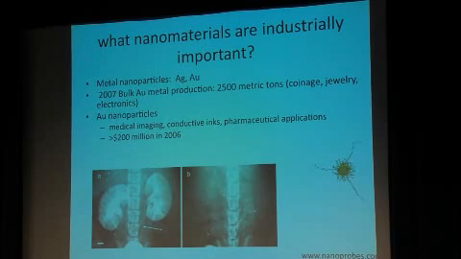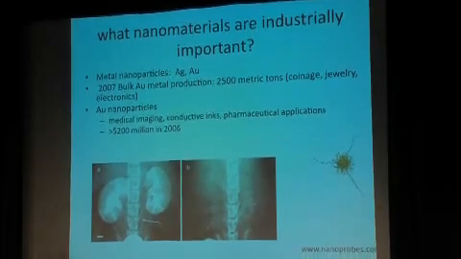And there are some other marginal applications like conductive inks. But the pharmaceutical applications here, this is an example where a mouse, for some reason we always pick on mice, has been injected with gold nanoparticles as an X-ray contrast agent because the gold is very electron dense.